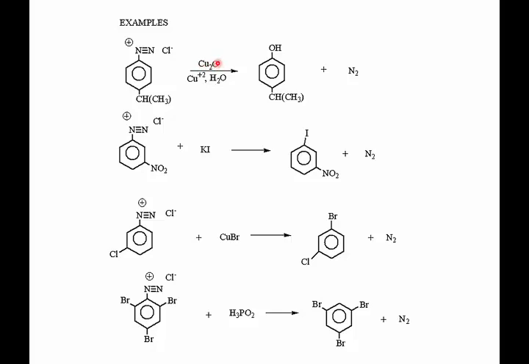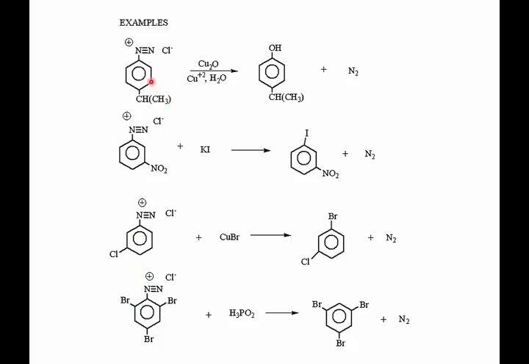But in olden days, they would mix just water with mild acid, and the reaction would occur, but the yield wouldn't be so good. With the copper mix, that amps up the yield a lot. Right here is a different diazonium. I'm trying to show you a variety of aromatic diazoniums.